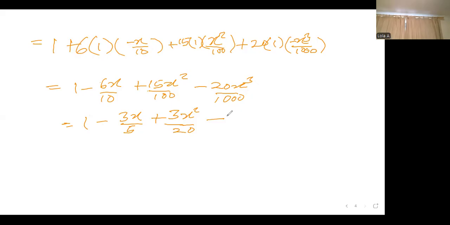Minus 20 can go in 1,000, that will be x cubed over 50. So that's the first 4 terms. So you can quickly write that. So when you're done, let me know.